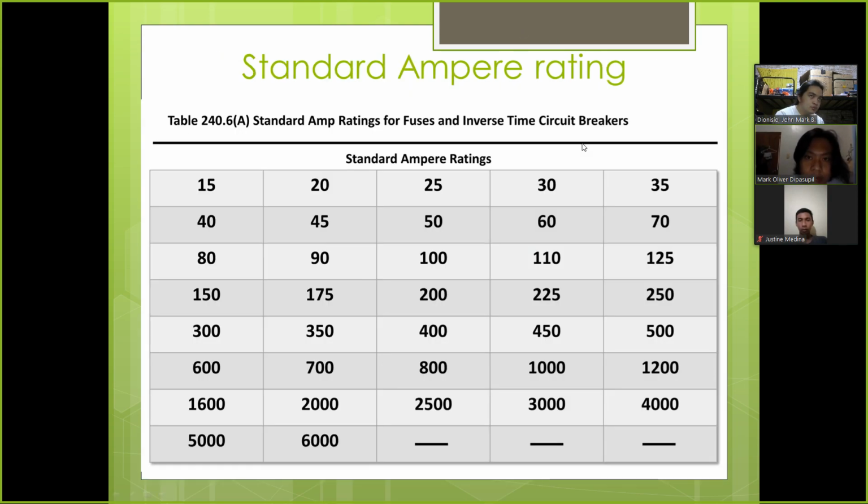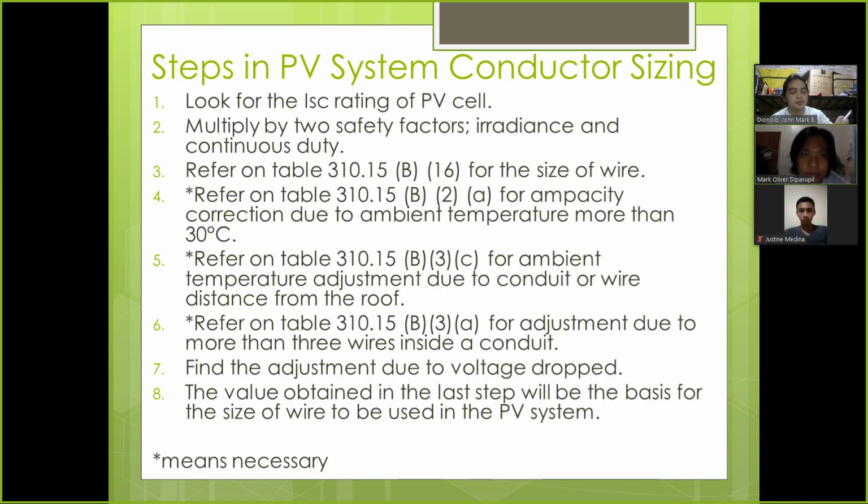Ito naman yung sa circuit breakers. Ito yung steps kung anong tamang size ng conductor na gagamitin natin sa ating solar panel system. Number 1, look for the ISC rating of the PV cell. Then, i-multiply mo yon sa dalawang safety factors, yung irradiance and continuous duty. Then, i-refer mo dun sa table 310.15(B)(16) para dun sa size ng wire.